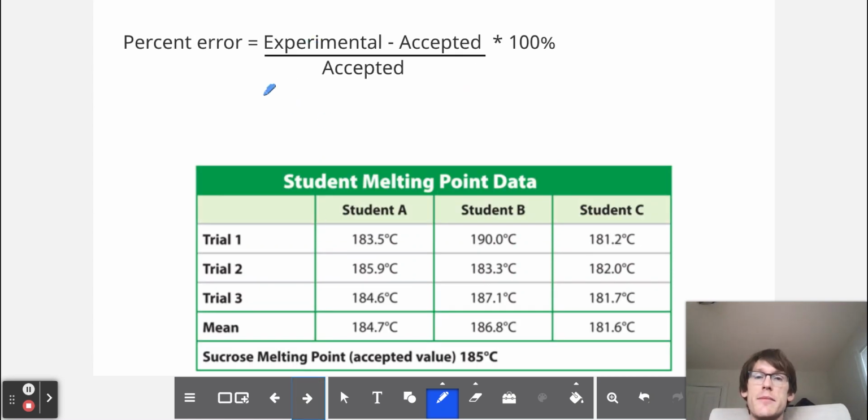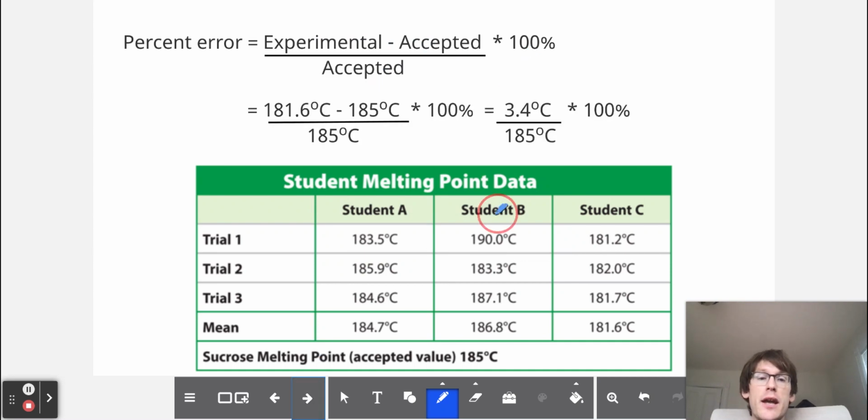Percent error is something that we use to quantify accuracy. And so if we look at the experimental value, which is what you get, minus the accepted value over the accepted value and multiply by 100%, we can analyze this for student C. Student C's experimental value, the mean, comes out to 181.6.